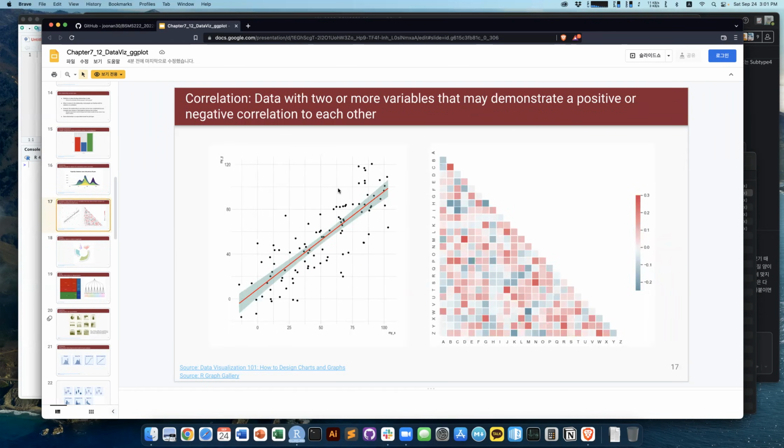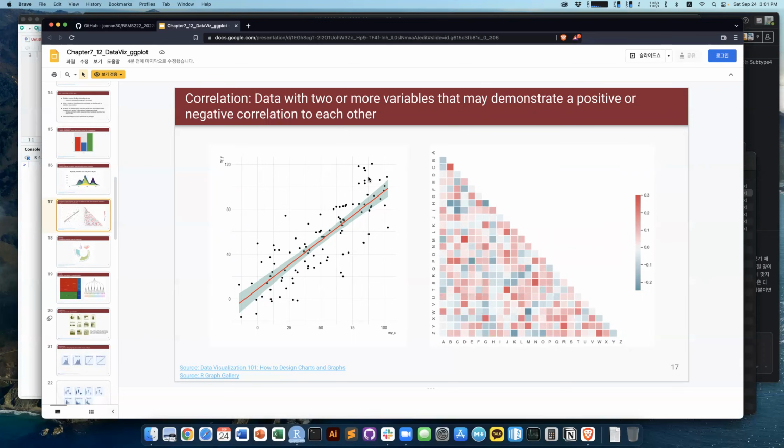Another commonly used data visualization form is the correlation. If you have more than two data points, correlation is quite useful. What I mean is, if you have a linear relationship such as an x-axis here and a y-axis here, then you can represent that information using y equals ax plus b, with the constant and the intercept.